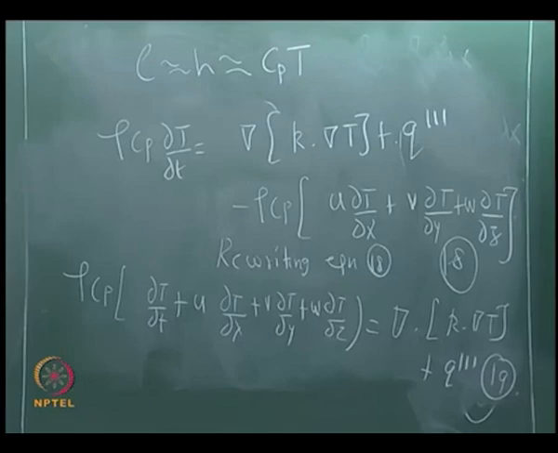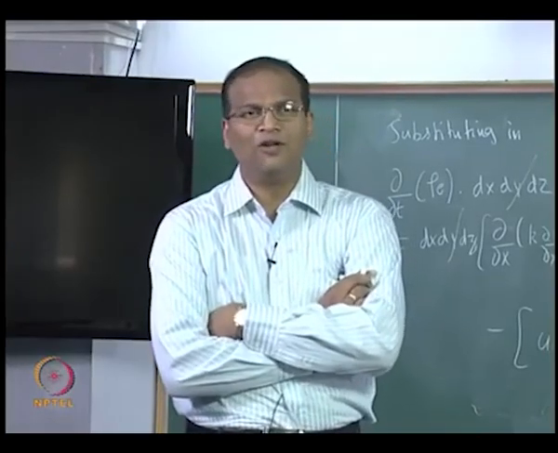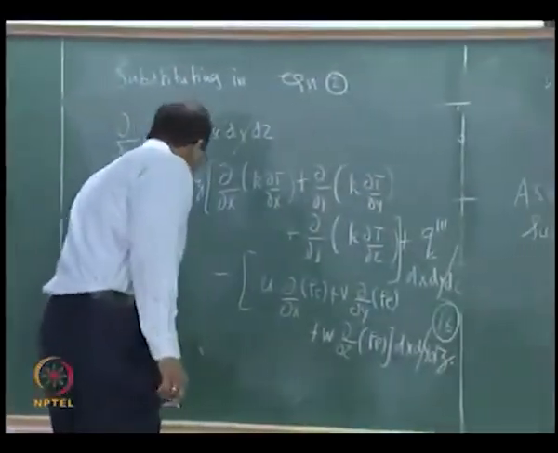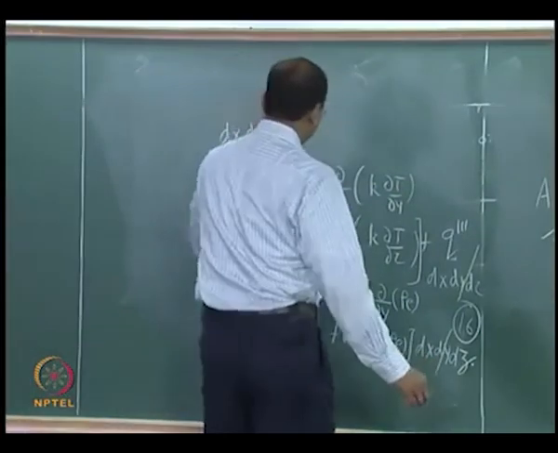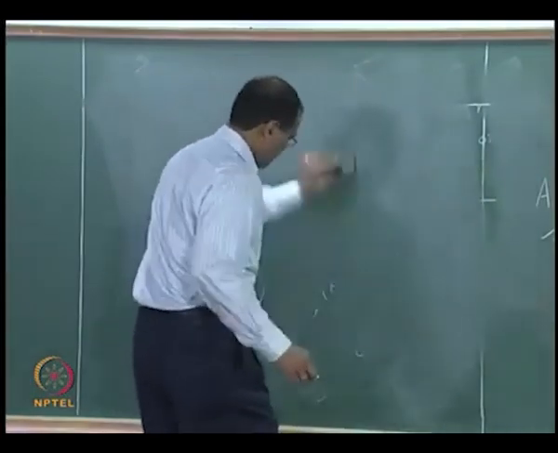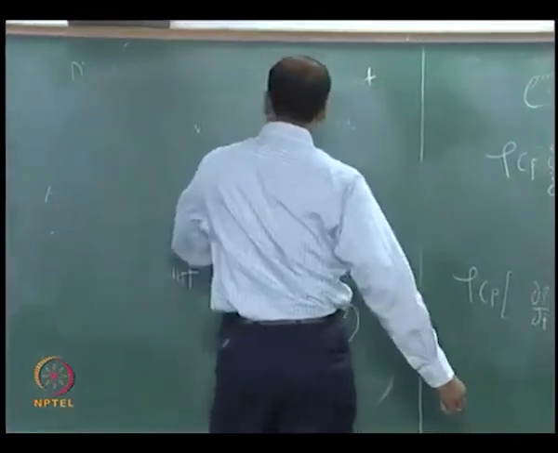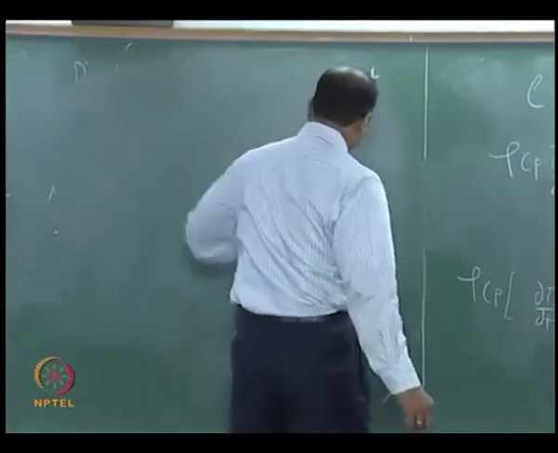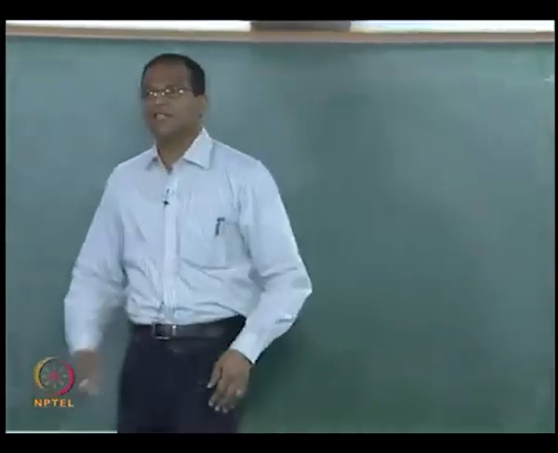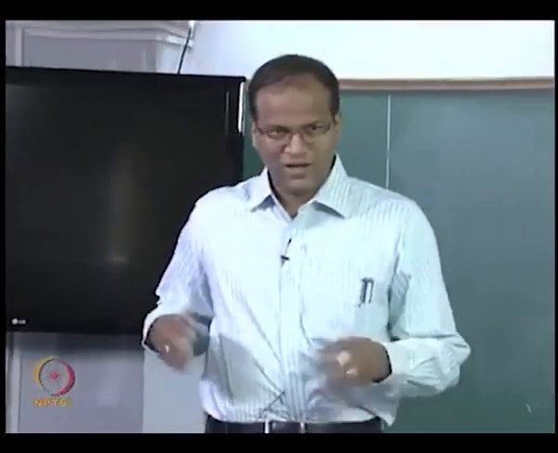Now I will apply the master stroke. If the body is stationary, u equal to v equal to w equal to 0, okay. So once you have come to graduate level courses like this, the goal of learning any new subject is basically, you should not try to remember many things.